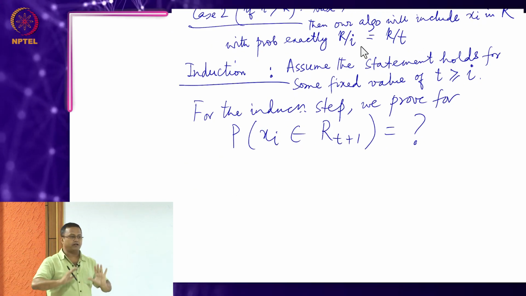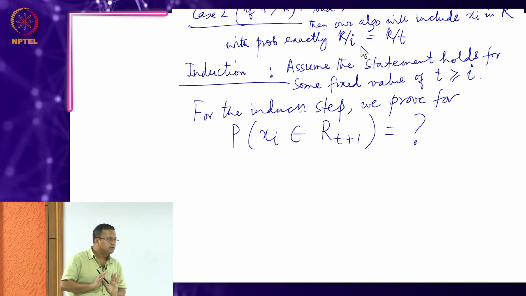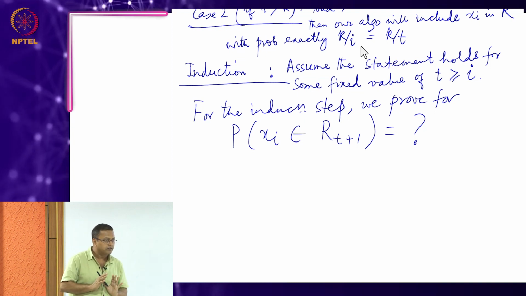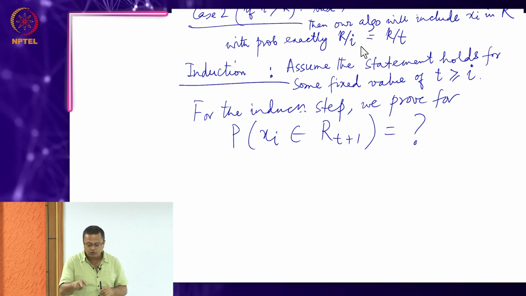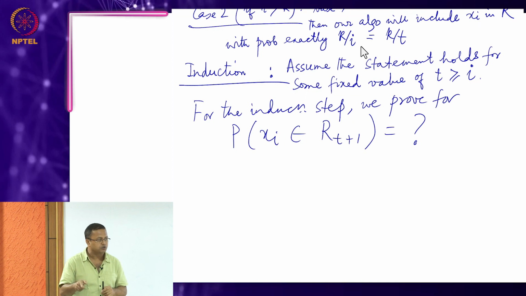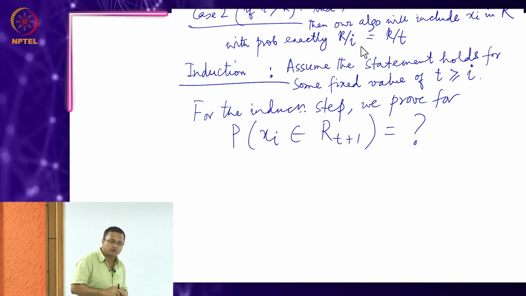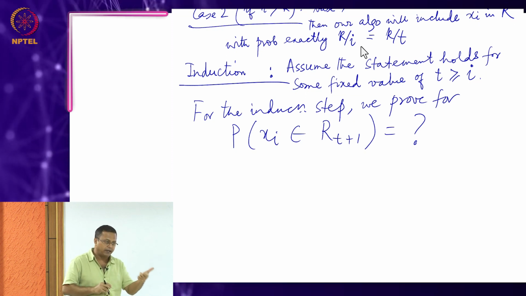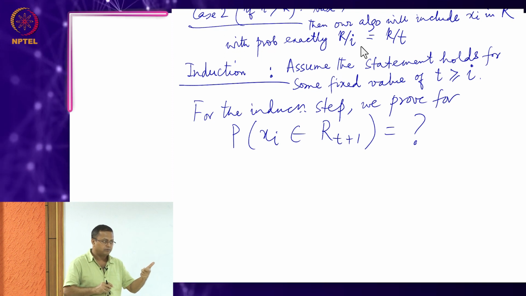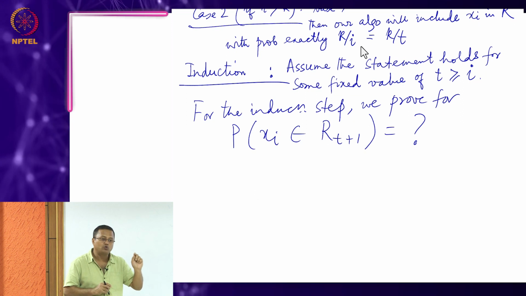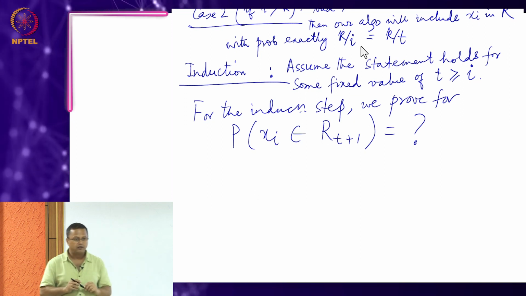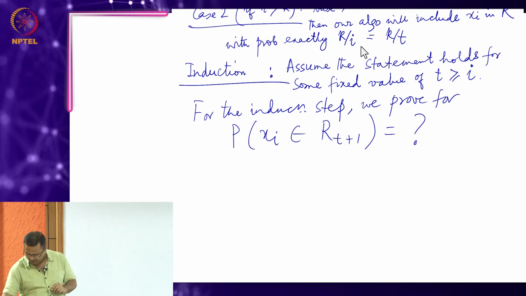Is this uniformly random condition still holding? That is my question. Now, see, for xi to belong to R t plus 1. So, what is R t plus 1? The reservoir indexed with the time. For xi to belong to R t plus 1, what must have happened?